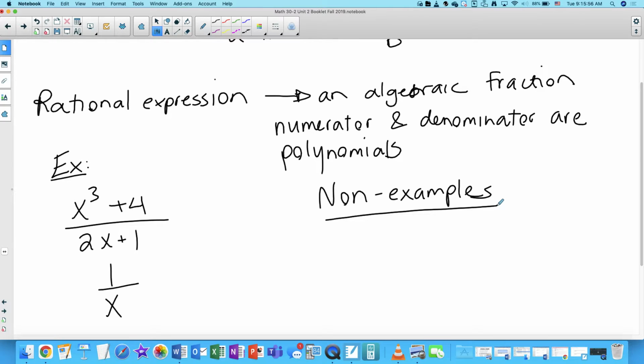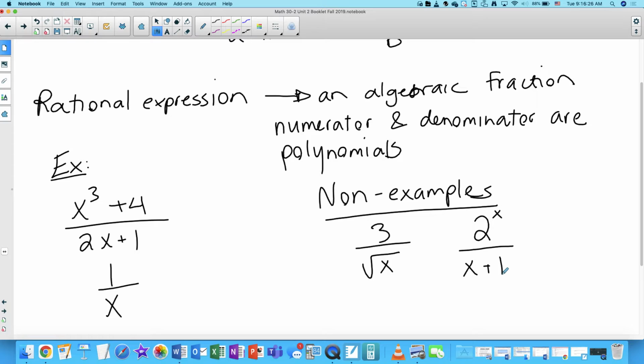So something like 3 over the square root of x is not a rational expression because the square root of x is not a polynomial. It's actually a radical expression. Or something like 2 to the x over x plus 1. Also not a rational expression. Why is this one not a rational expression?